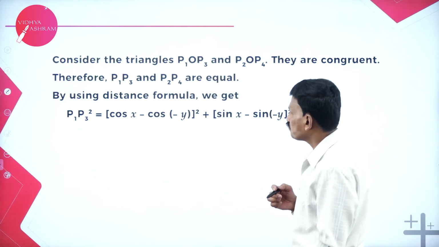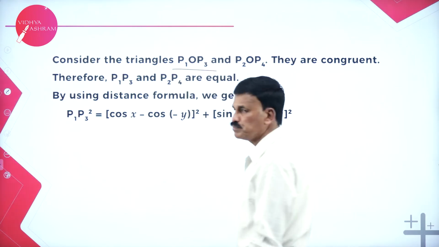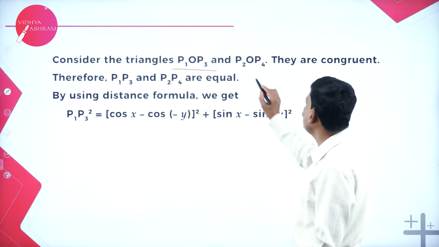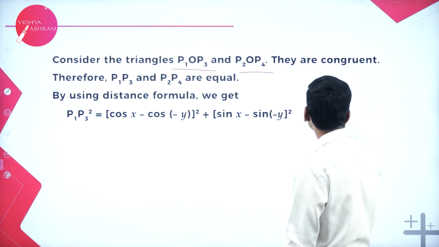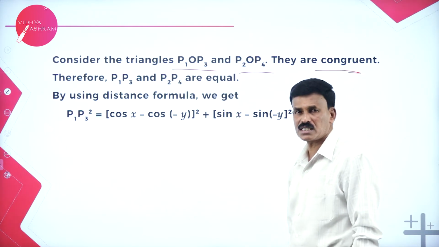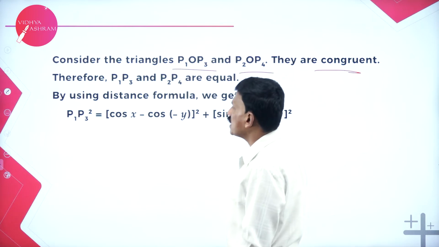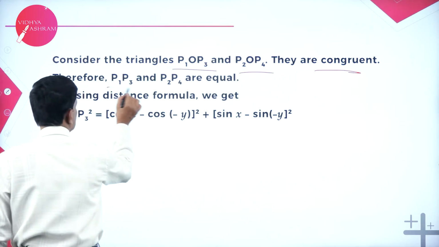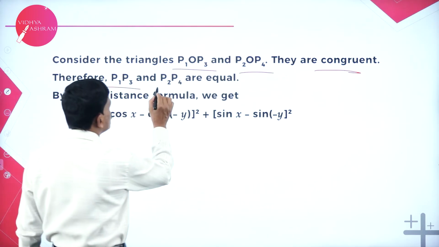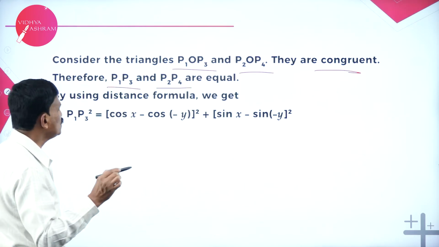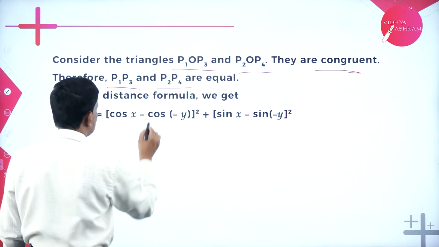Okay, now consider the triangles P1OP3 and P2OP4. They are congruent. Since these two triangles are congruent, therefore the distance from P1 to P3 and the distance from P2 to P4 are equal. See, what is the distance P1 to P3?